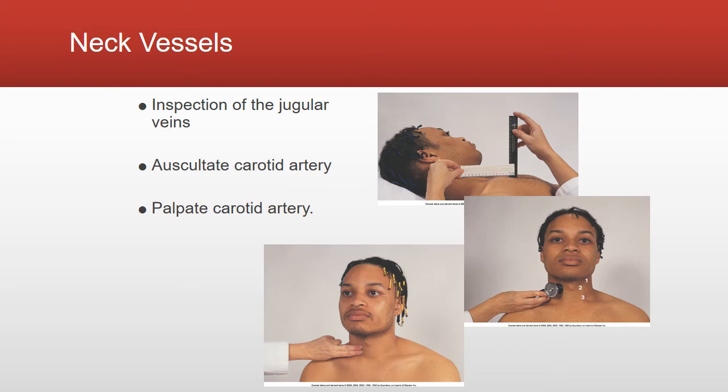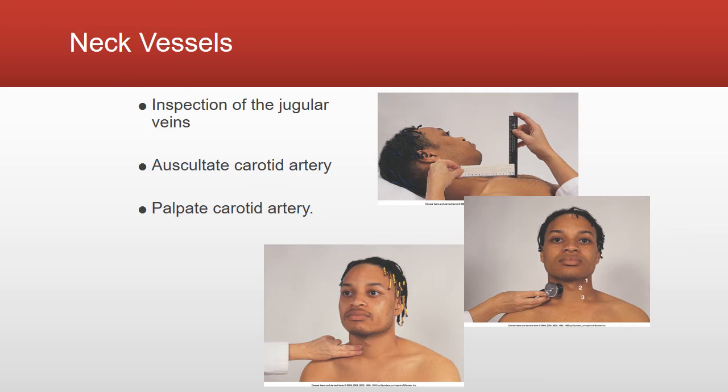When you're assessing the jugular venous pressure, you want to watch for distension of the jugular veins, and you want to do this at different height levels: with the bed elevated 30 degrees, 45 degrees, 60 degrees, and 90 degrees. At each increase in elevation, the client's head should be slightly turned away from the side being evaluated, and you may want to use some light to observe for distension and protrusion or bulging.